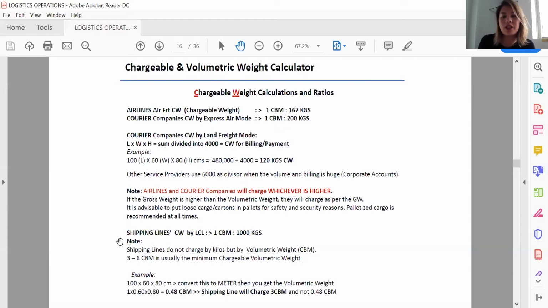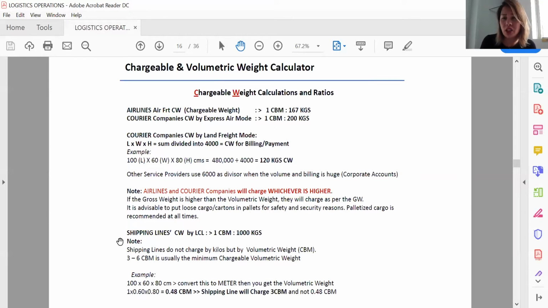Note that shipping lines do not charge by kilos, but by volumetric weight. So if I have a 1,000 kilo shipment and I want to send it by sea freight, they will ask me what is the dimension of the shipment.